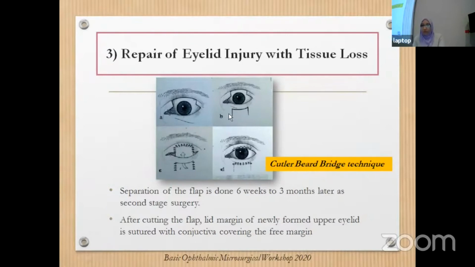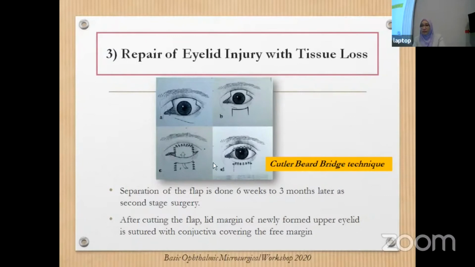So we make a flap here from the lower eyelid, brought together including the conjunctival fornix, all layers from here. This is the first stage. So we close this area so that we supply blood, and wait for the graft to survive after about 3 to 6 months.